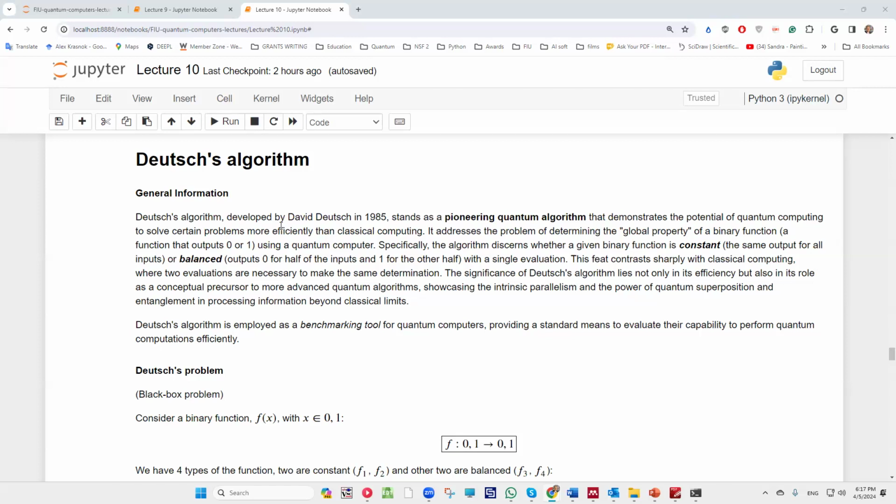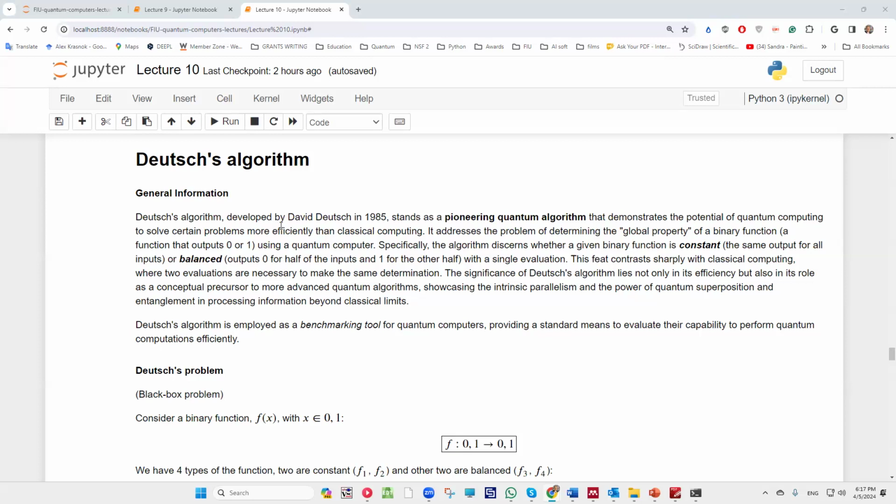At the same time, this algorithm is, I would say, useless. It is very, how to say, very far from reality. I'm not aware of any applications of this algorithm, except for just one application, which is benchmarking quantum computers.